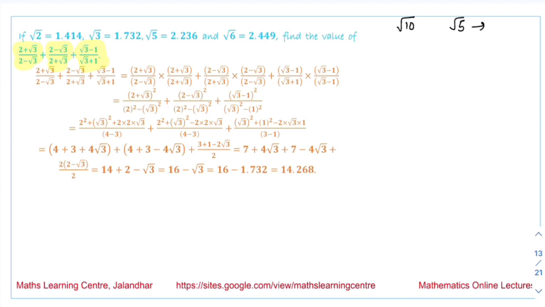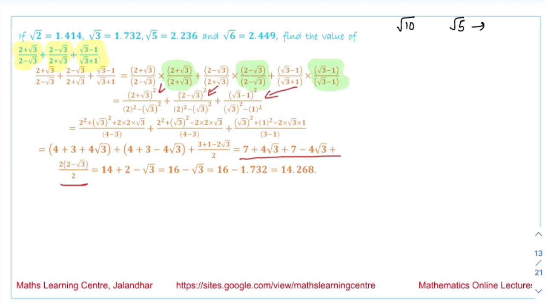The procedure is similar. For the first part, the rationalizing factor is given. Second part, rationalizing factor is this. Third part, rationalizing factor is this. Solve all these three parts separately. When you add all these three parts, you will get the final answer in this form.